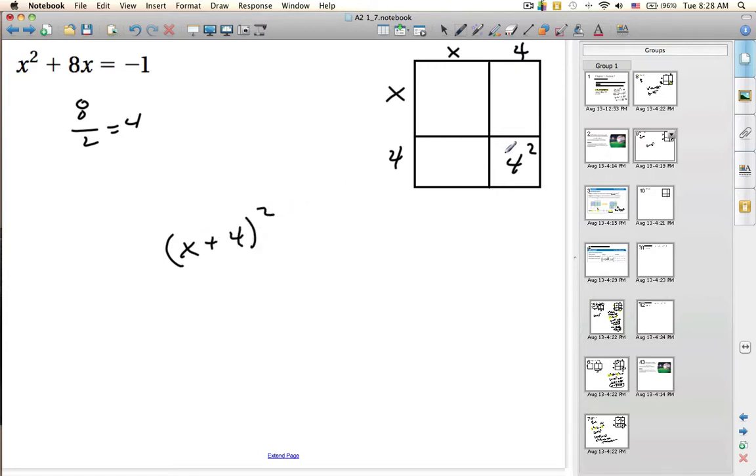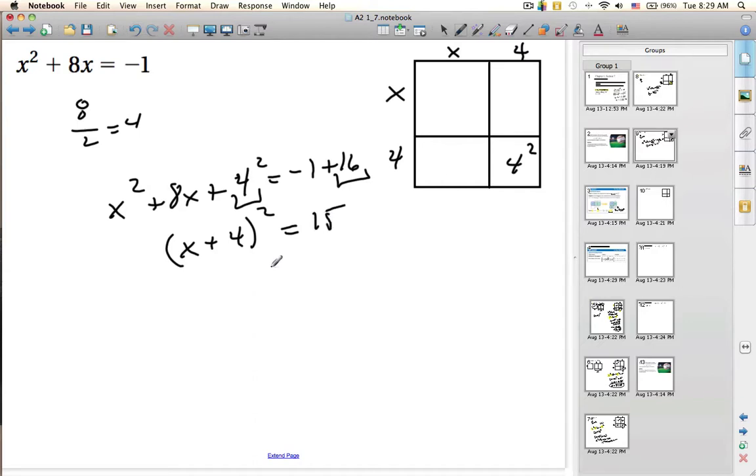And how much did I add to either side? Well, let's go back and let's write it out. X squared plus 8x plus 4 squared, which would be, I'm going to write 4 squared, but that's 16, equals negative 1 plus 16. So if I add 4 squared to either side, I can put it as 4 squared here. I put it as 16 over there because it's easier.